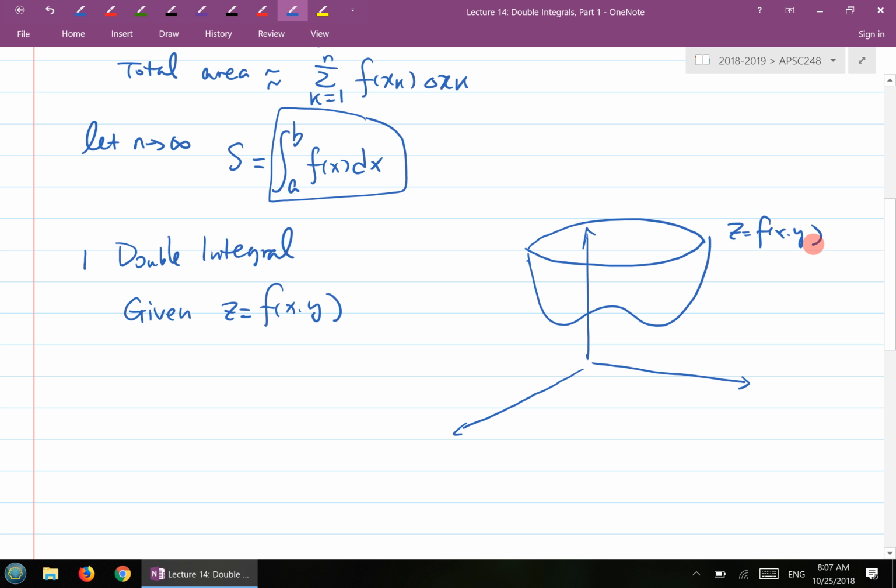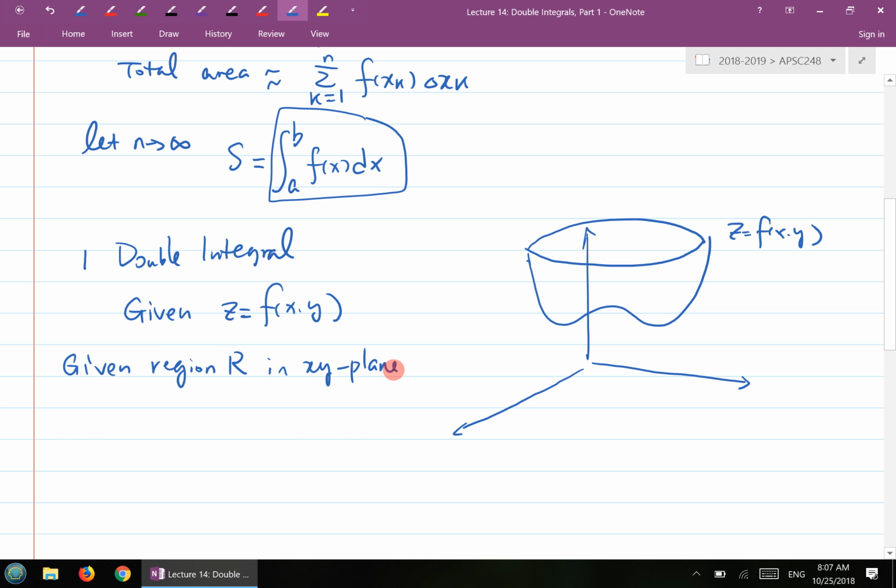So here's a surface, right? As we all learned, when you have a function of two variables, you end up with a surface. At the same time, we're also given a region R in the XY plane.